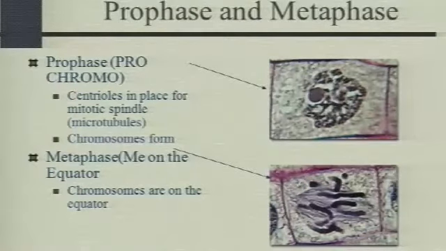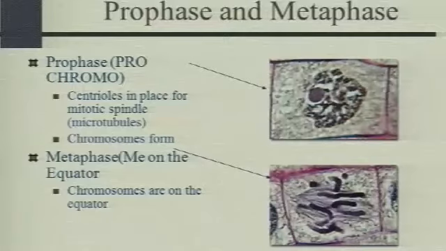Centrioles are little structures that help anchor what's called the mitotic spindle, which is a series of microtubules, which start to line up the chromosomes so they're ready to split in half properly.